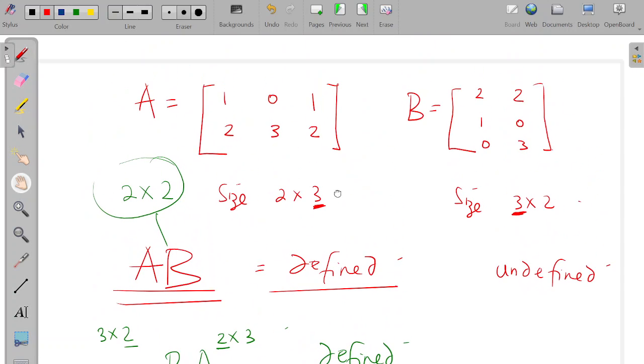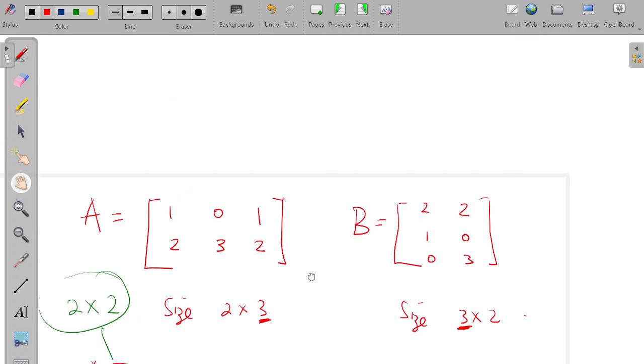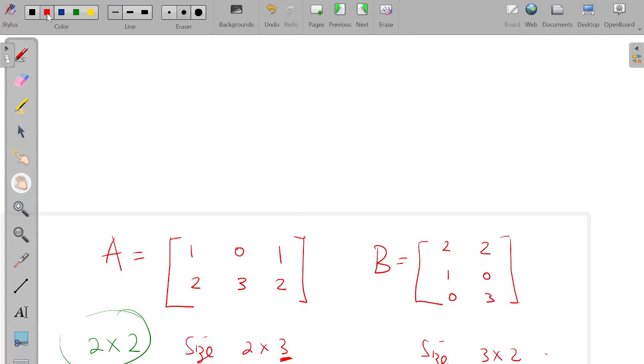Okay, having said that, let's now multiply these two matrices together and see what our answer will be. We know that this one has the size 2 by 3, and this one has the size 3 by 2. When I multiply both of them together, the size of the product should be 2 by 2.